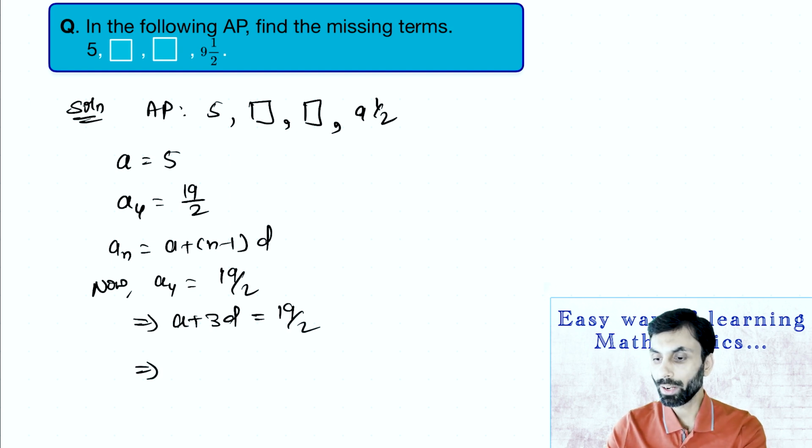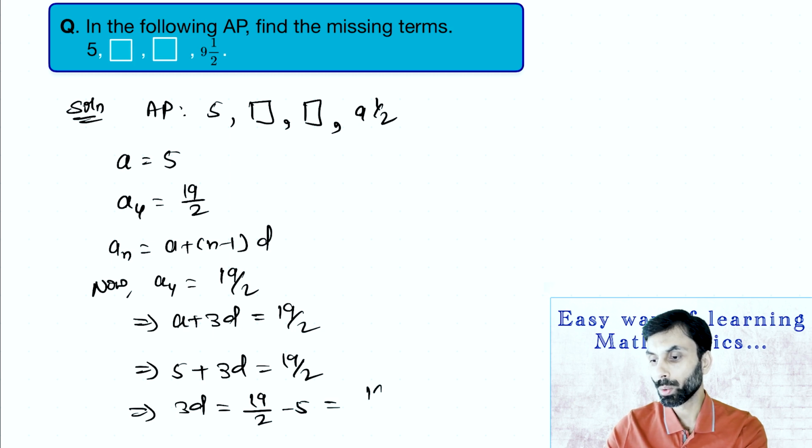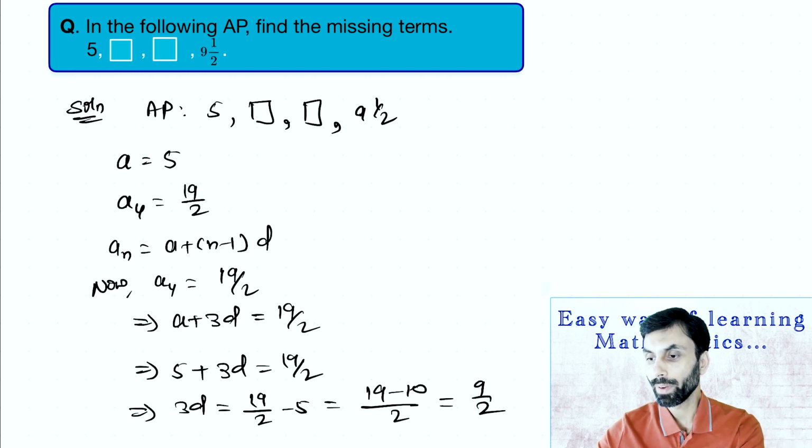When we substitute the value of A, which is 5, we get 5 plus 3D equals 19 upon 2, that implies 3D equals 19 upon 2 minus 5, which is 19 minus 10 upon 2, that is 9 upon 2. On solving, we'll get D equals 3 upon 2.